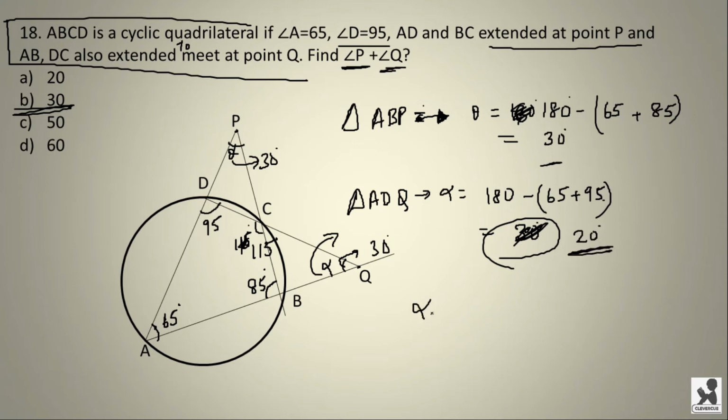And now alpha plus theta is equal to 20 plus 30, which is equal to 50 degrees. So 50 degrees is the right answer. Option C is the right answer. I'm sorry for the confusion.